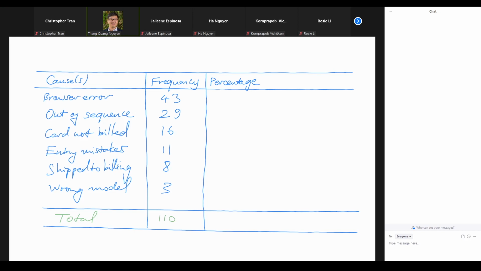But we do not have the knowledge of how big it is among all of the problems, right? So that's why in the third column, we try to make more sense of our data by calculating the proportion. So 43 out of 110 is what? We take 43 divided by 110.